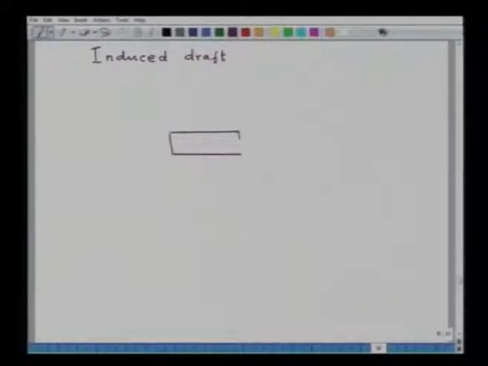Say this is a furnace. Here you have the burner for supply of the gas fuel mixture, and here this is the flue, and somewhere here we have installed a fan. This is a fan, and this is the chimney.